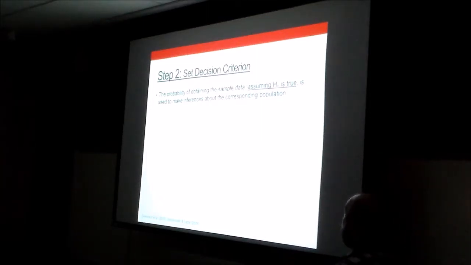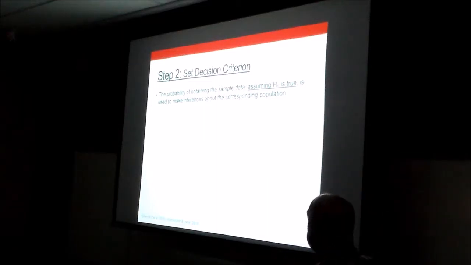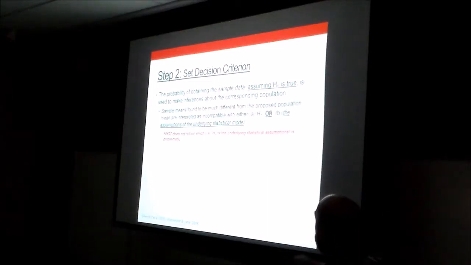What we want to do is determine how often we're going to find things that are aberrant and how far out we're going to set our benchmarks. We want to set the probability of obtaining the sample, assuming the null hypothesis is true, at a level where we can start to say, okay, we can start making inferences about this.